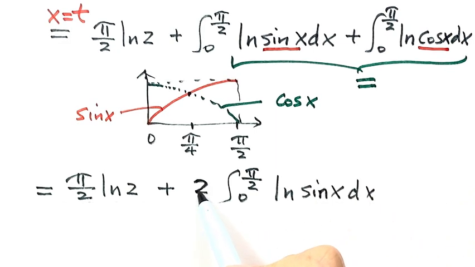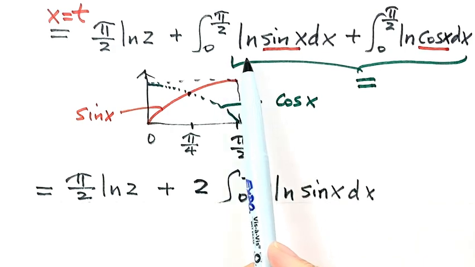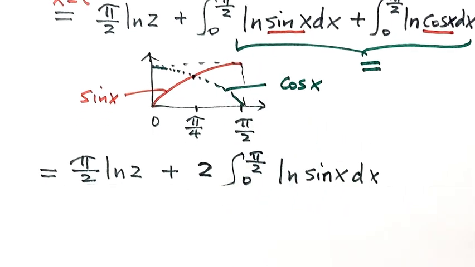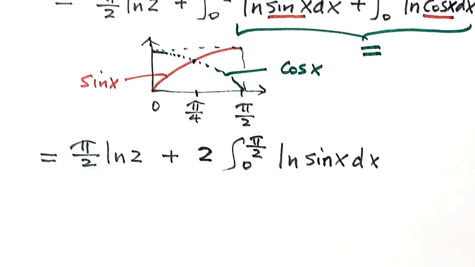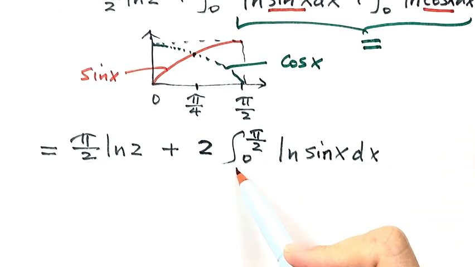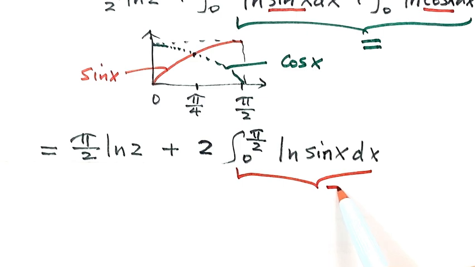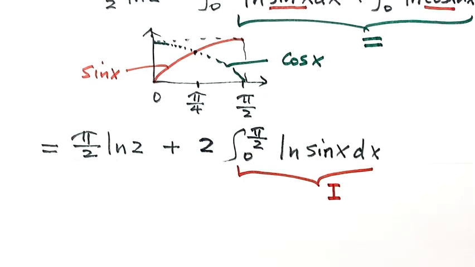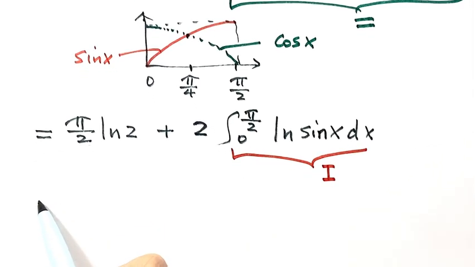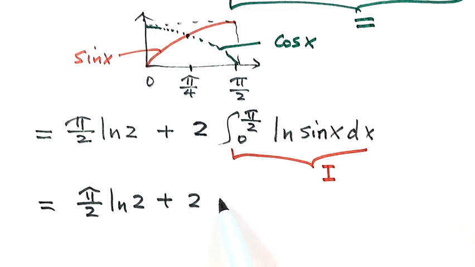Again, we put twice of this integral. This one is the one we defined as I. So here we have pi over 2 log 2 plus 2I.